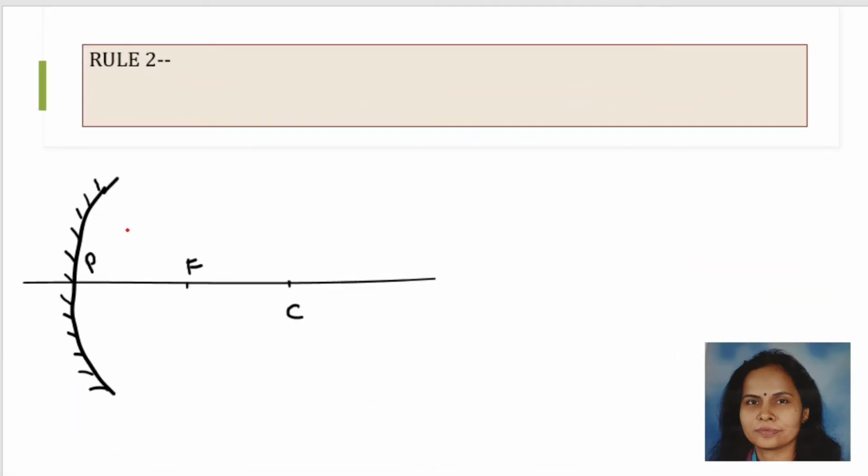Second rule is just the opposite of rule 1. If an incident ray is passing through the principal focus, then after reflection it will be parallel to the principal axis.